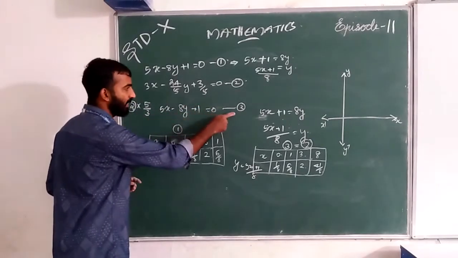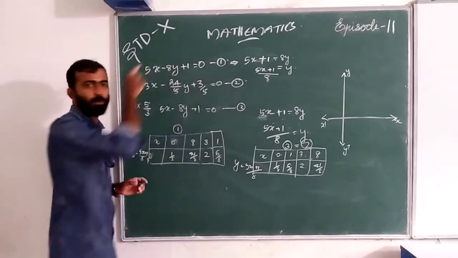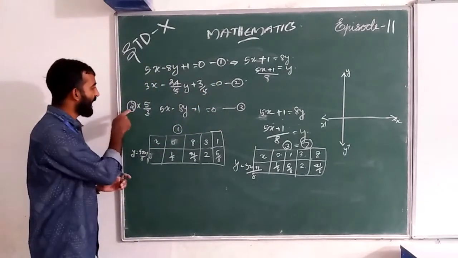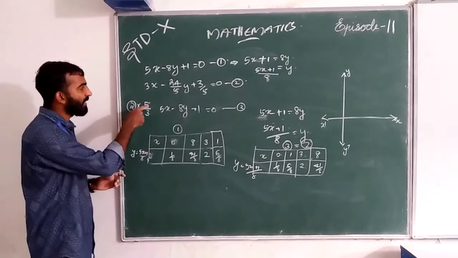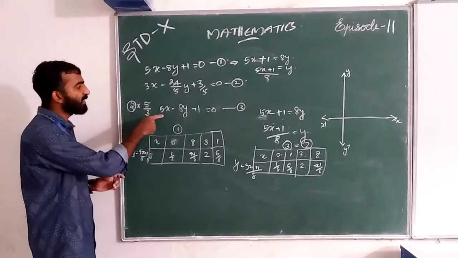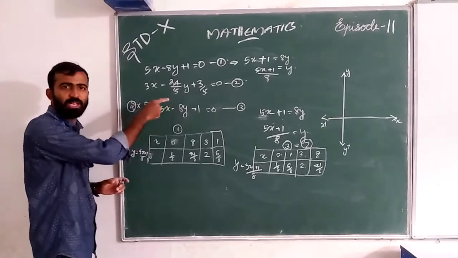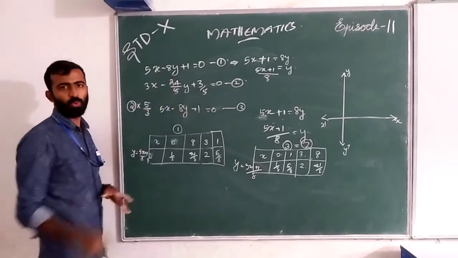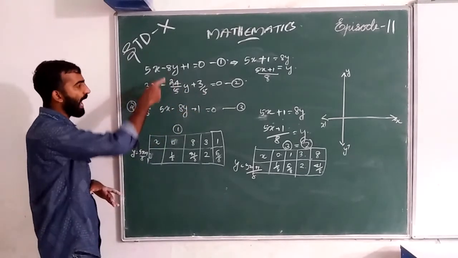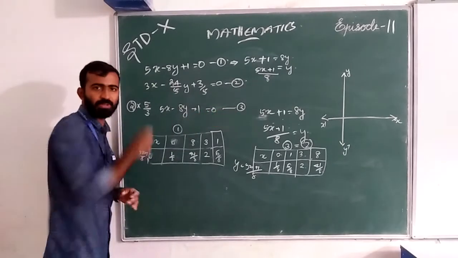That is, equation number 3 is the same as equation number 1. When multiplied by 5 by 3, I get 5x minus 8y plus 1 equal to 0. Our equation number 1 is actually the same as equation number 3.